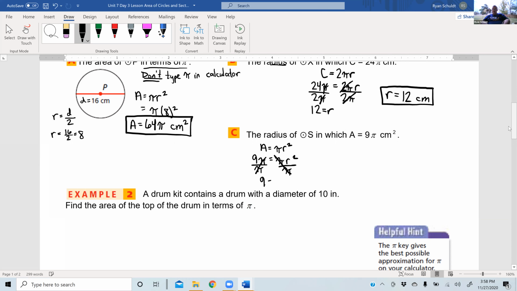So 9 equals r squared. Now, how do I get rid of the squared? I take the square root. The square root of 9 is 3. That's equal to my radius. So the radius is 3 centimeters. There's that one.